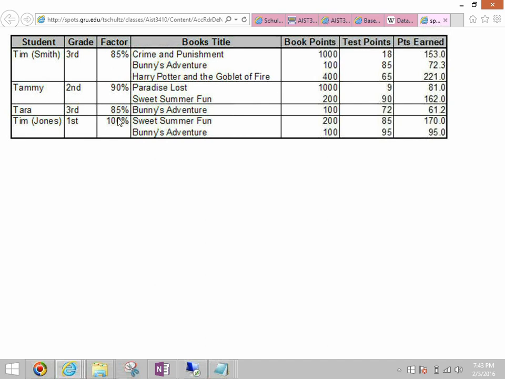A first grader gets 100%. So there's something with the grade level that goes on. We know what books they've read. We know how many points the books are worth. We know what their test points were, and the points earned is this times that percentage. All makes sense, no real questions, and for 4 people we have no problems.